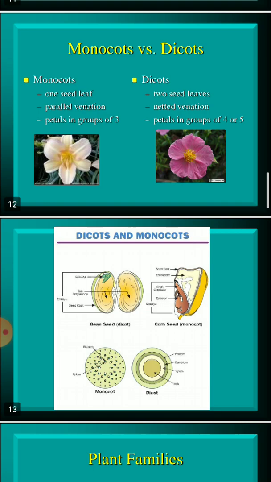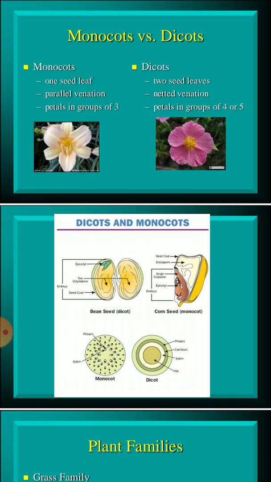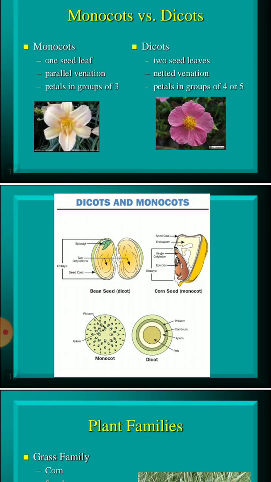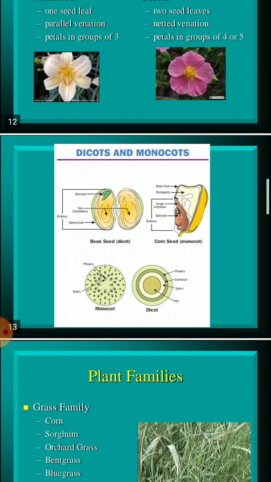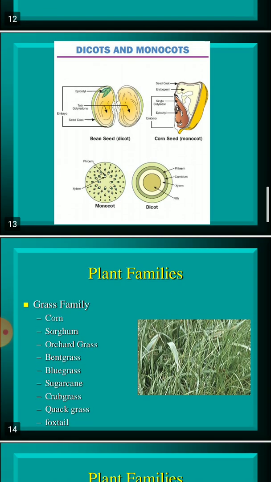Monocots have one seed leaf, dicots have two seed leaves. Monocots have parallel venation, while dicots have netted venation. Monocots have petals in groups of three, and dicots have petals in groups of four or five.